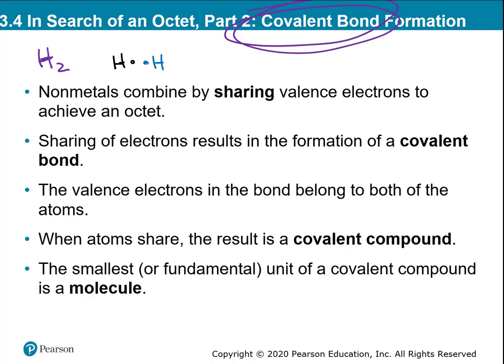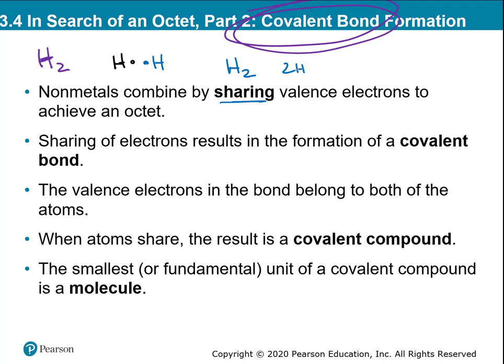They have the same attraction for their electrons and also for each other's electrons. So the only way that they can actually achieve their stable group of valence electrons is to do what's called sharing.